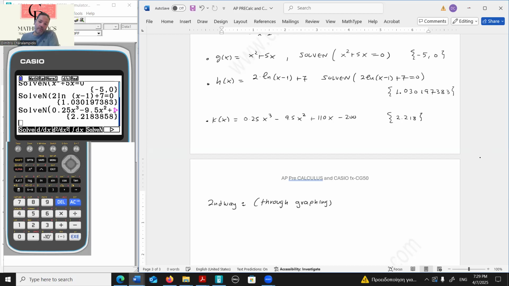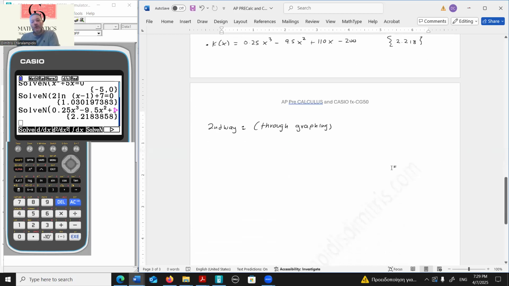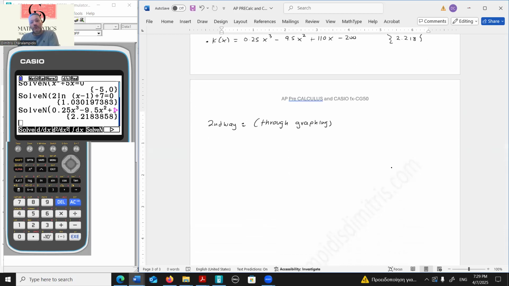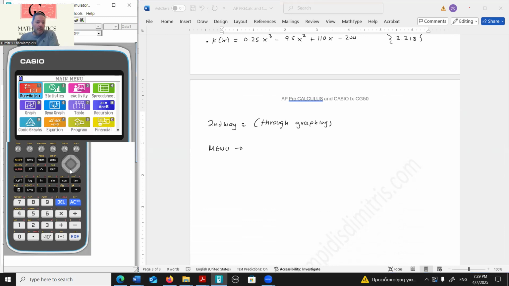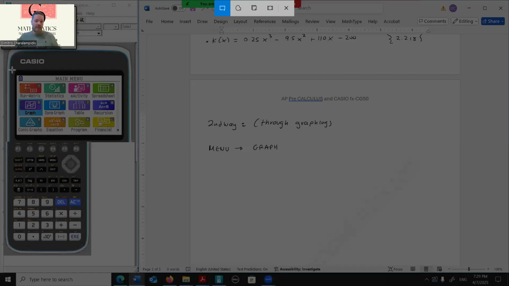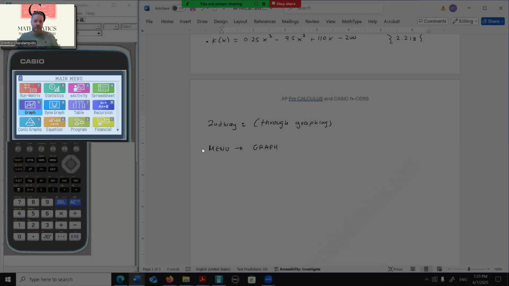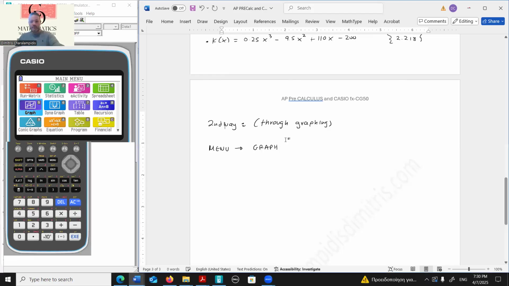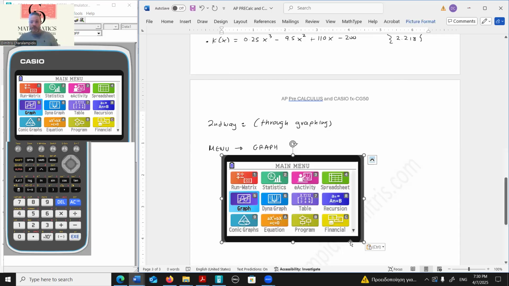To enable that, we need to go to menu and then graph. Let me also extract this for the PDF, which can be found below this video.